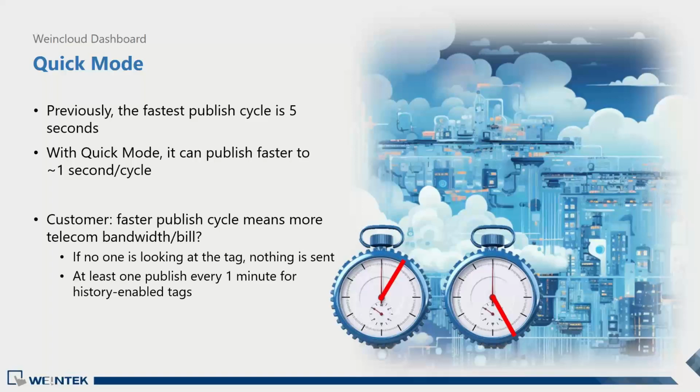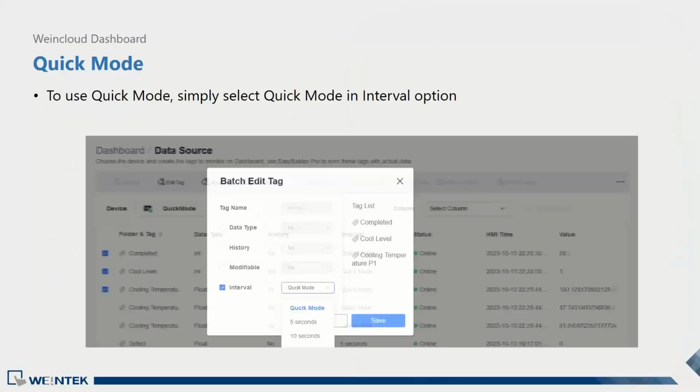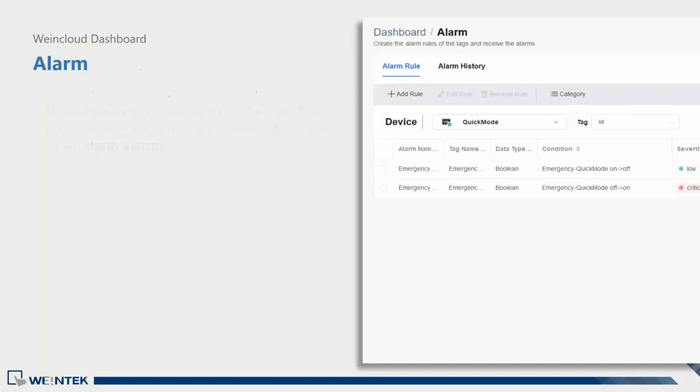Therefore, quick mode only occurs when someone is looking at a tag with quick mode. So it doesn't carry a lot of data except when you are looking at it continuously. To use quick mode, you can simply select quick mode in the interval option.